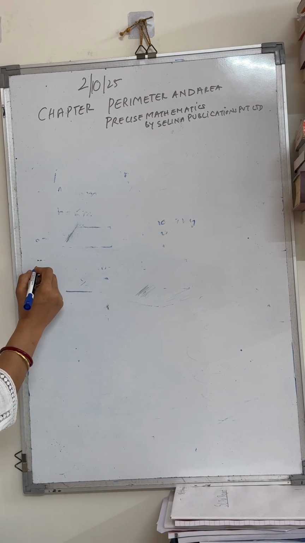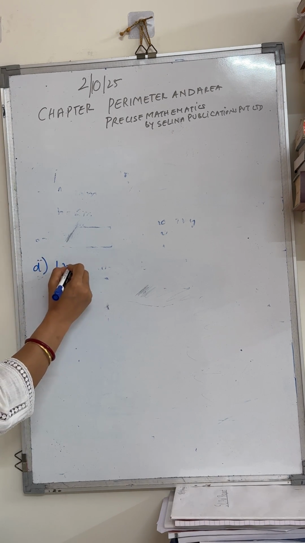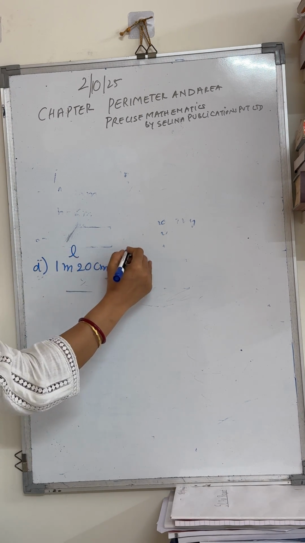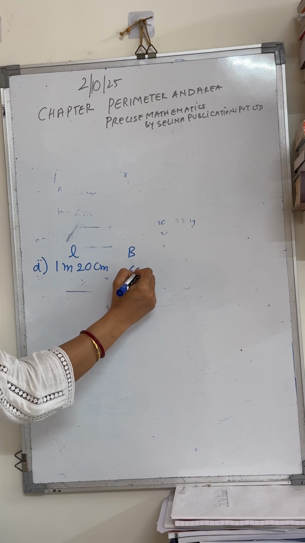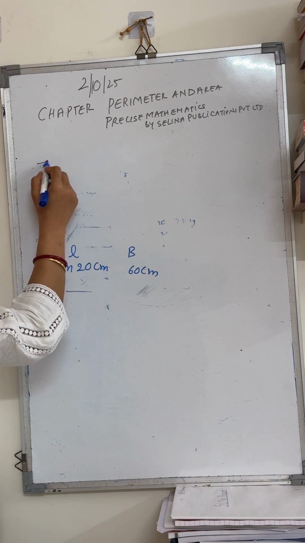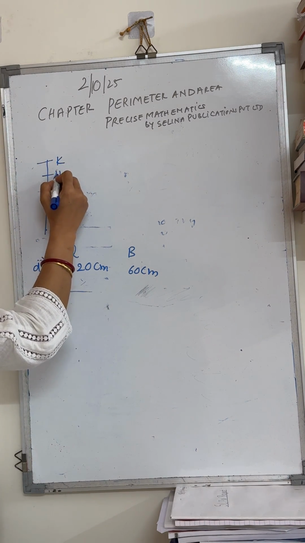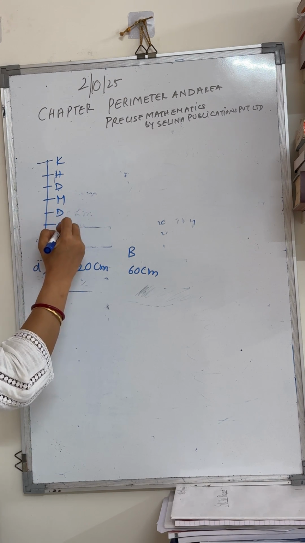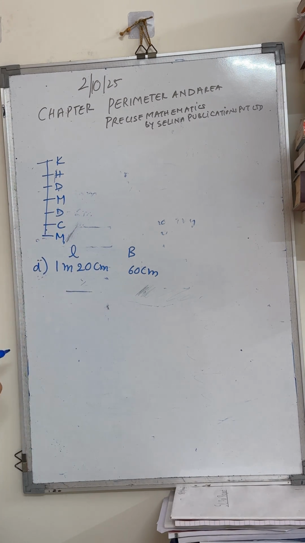So let's do this D, that is, you are given 1 meter and 20 centimeter as the length and breadth is 60 centimeter. It's a little tricky for you if you do not know this thing. Kilo, hecto, deca, meter, deci, centi, milli.